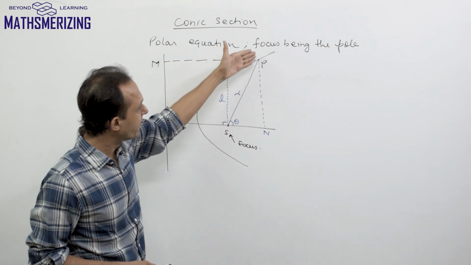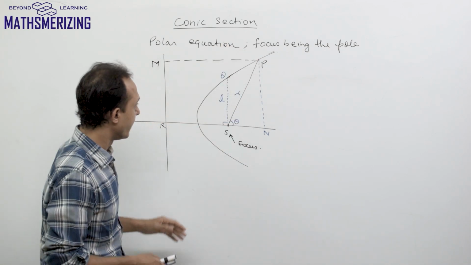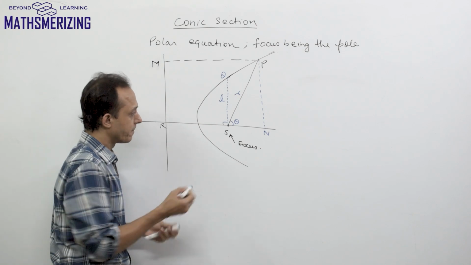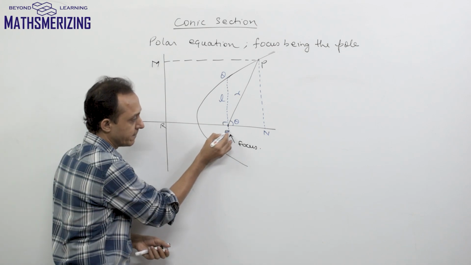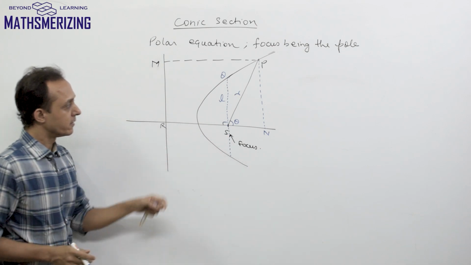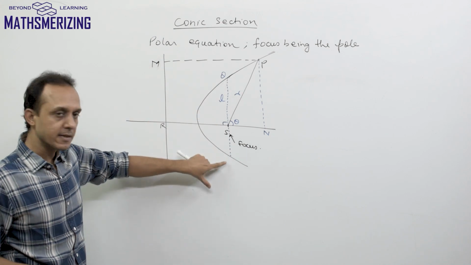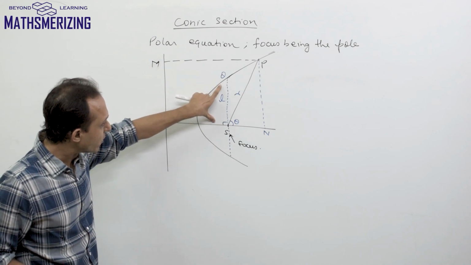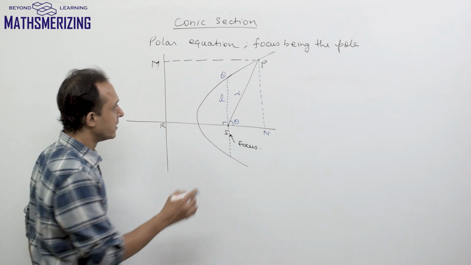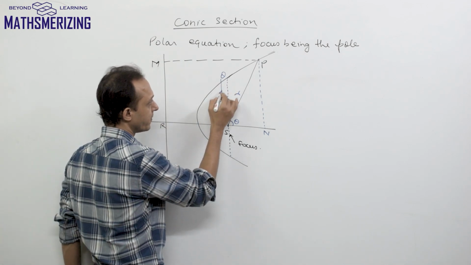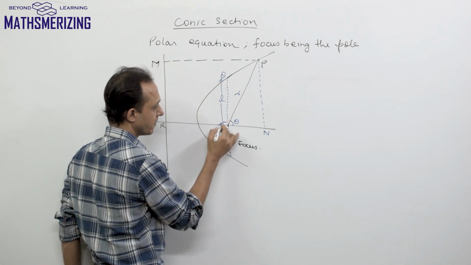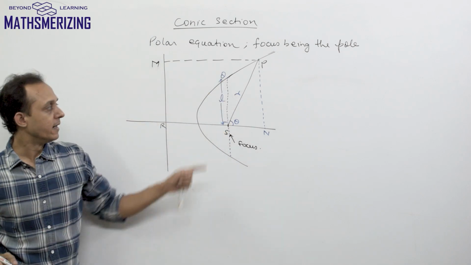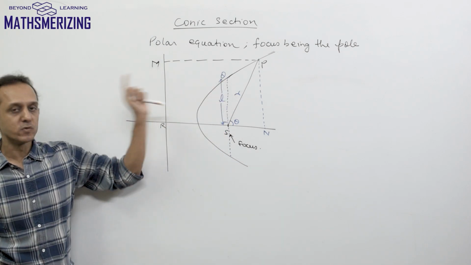Now we have dropped a perpendicular from P on axis, and then we have drawn a chord perpendicular to axis and passing through focus. This chord is called latus rectum, and half of this chord is called semi-latus rectum. So it is also given that this length QS, the semi-latus rectum, has value L.